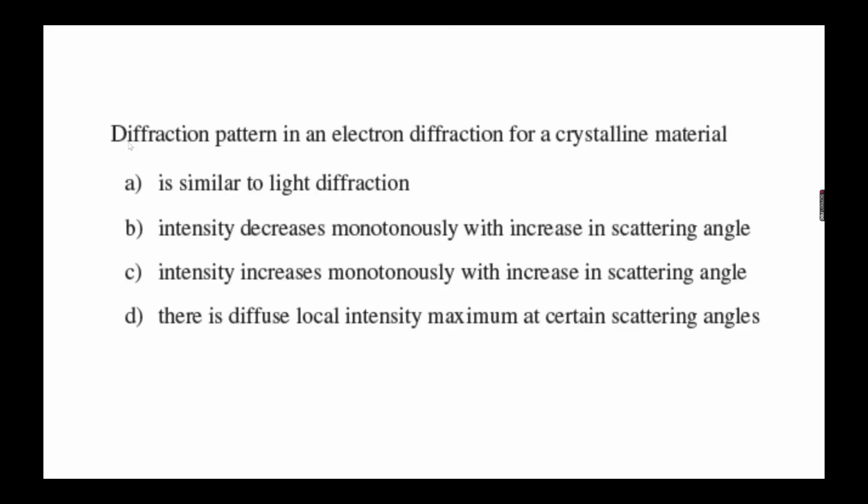We'll start with our first question, which is related to the diffraction pattern. The question asks about the diffraction pattern in electron diffraction for a crystalline material. Remember, it is about a crystalline material. The options are: similar to light diffraction; intensity decreases monotonously with increase in scattering angle; intensity increases monotonously with increase in scattering angle; there is a diffuse local intensity maximum at certain scattering angle.